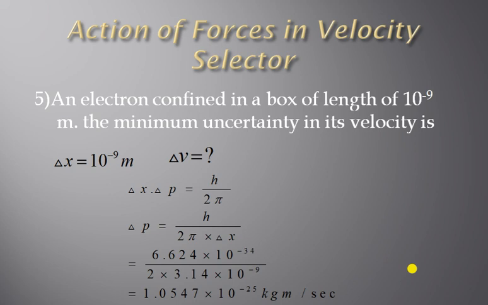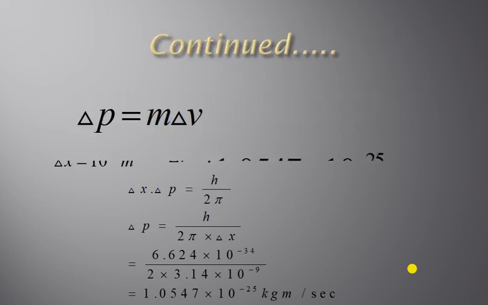So delta x into delta p equal to h upon 2 pi. So delta p is equal to h upon 2 pi into delta x. So the value of delta p, that is uncertainty in momentum, is 1.0547 into 10 raised to minus 25 kilogram meter per second.